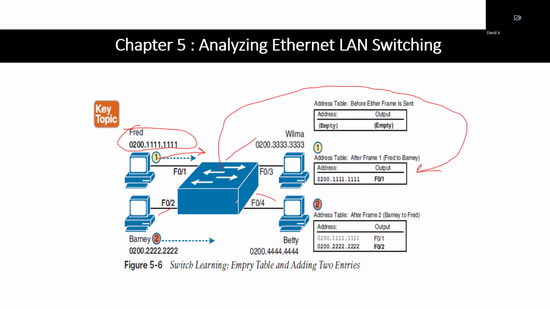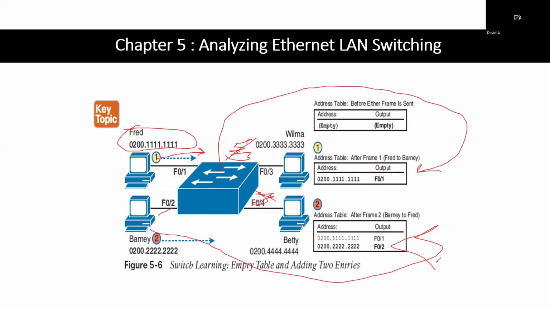Once we get a response, erase that, cut that out. Now the switch knows where Barney is, off FastEthernet 0/2, and it knows where Fred is, FastEthernet 0/1.